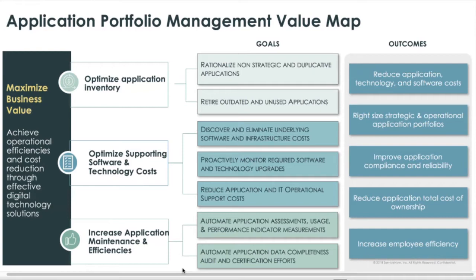So that can help you right-size the right applications strategically to grow your business or to maintain your business. But then also from an operational perspective, what are the back office systems we need to right-size and make sure we don't have redundancies there for the back office operational applications.